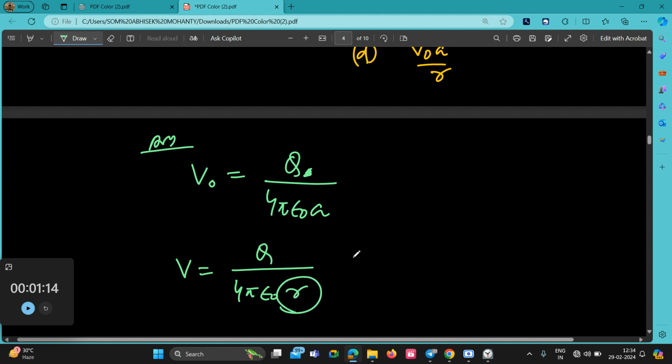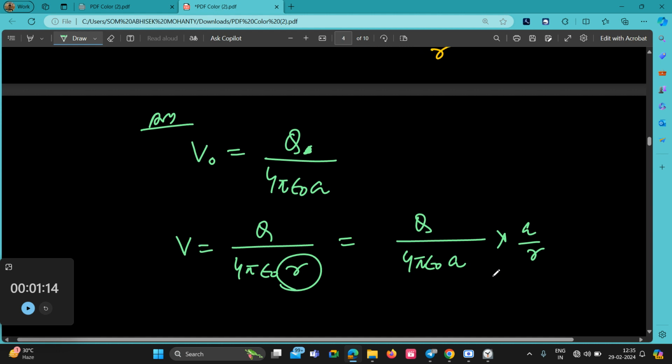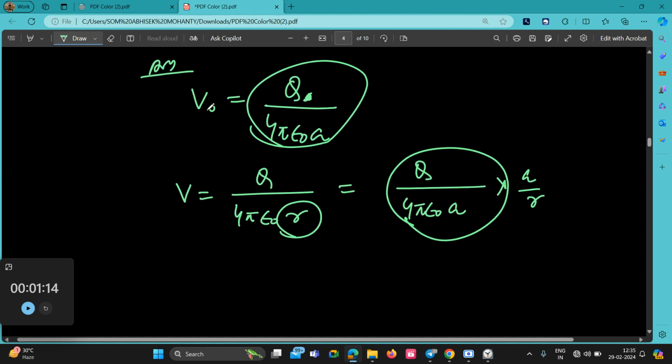R is the distance. So I can write it as Q by 4 pi epsilon naught A into A by R. A will be cancelled at the end, it will be R. So this is your V naught into A by R.